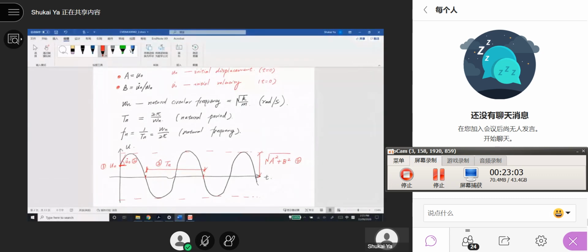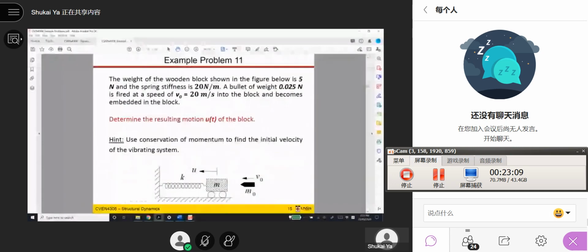Okay, let's check question 10 or question 11. Let's check question 11. The problem is a single degree of freedom system, and the displacement towards the left is positive. So there is one bullet shooting on this car, and because of this effect, there will be one initial velocity.